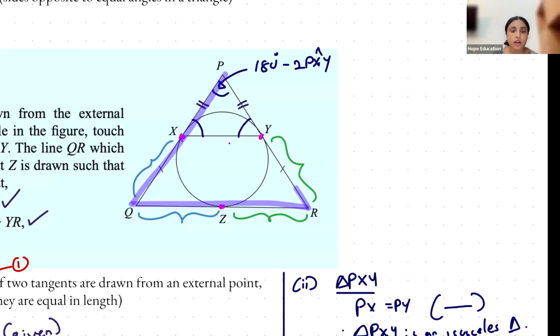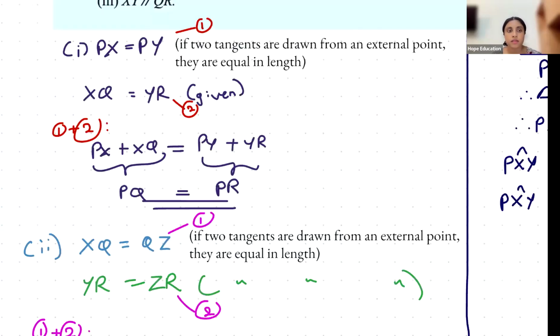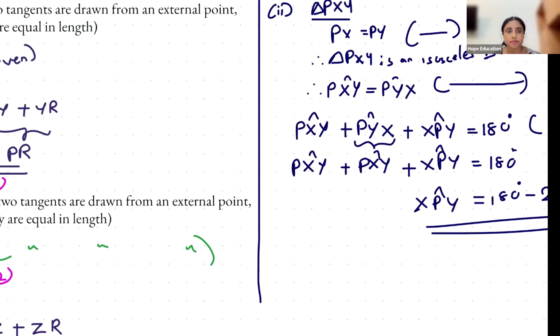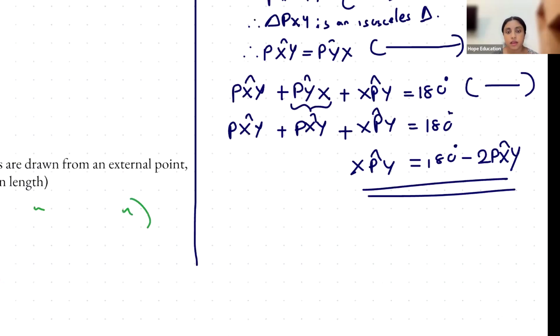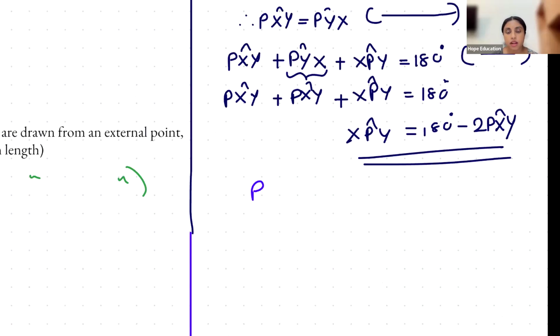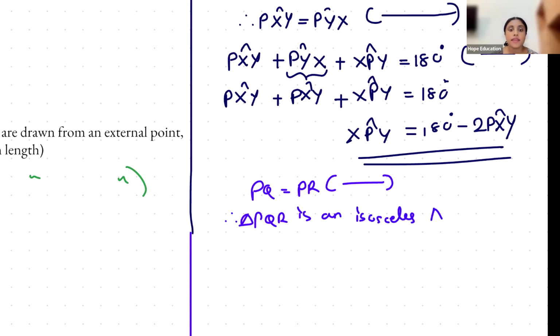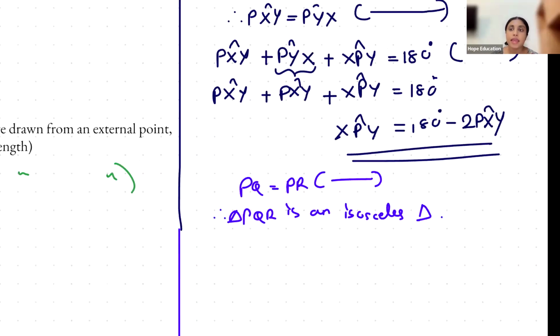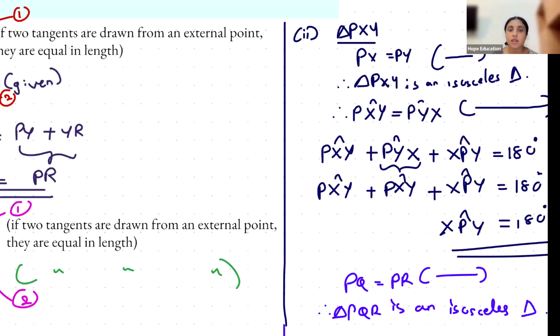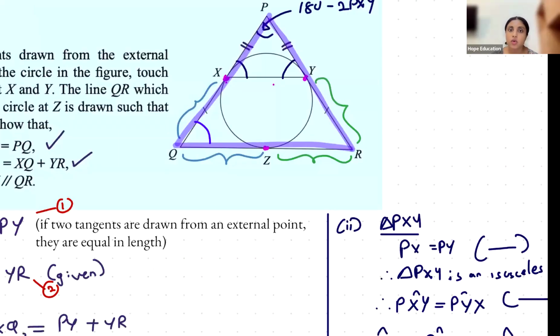We already proved PQ equals PR, so I'll write that. PQ equals PR, proven above. Therefore, triangle PQR is an isosceles triangle. Therefore, the base angles, that means this angle is equal to this angle.